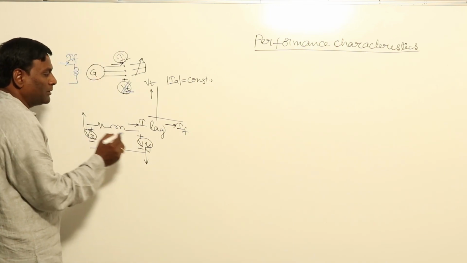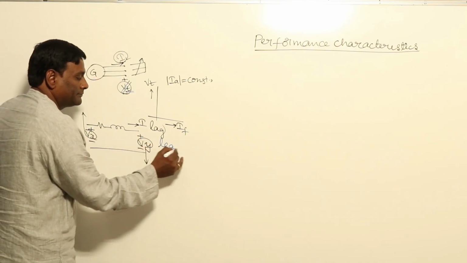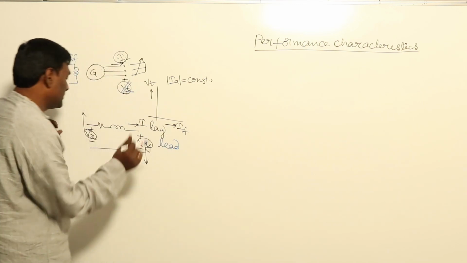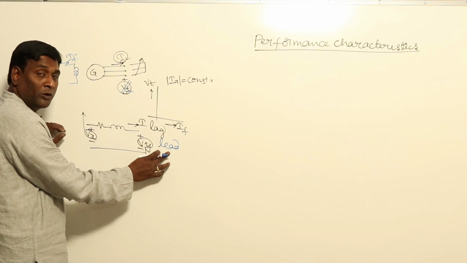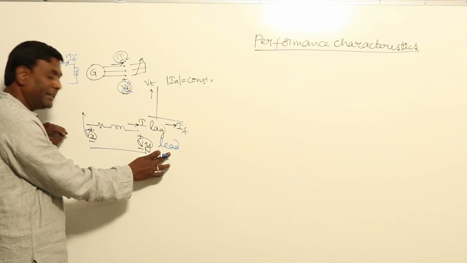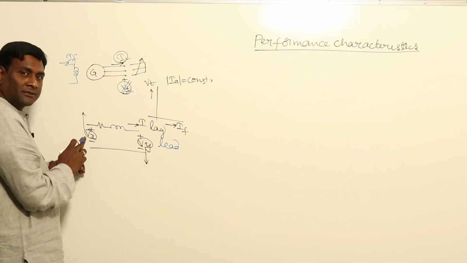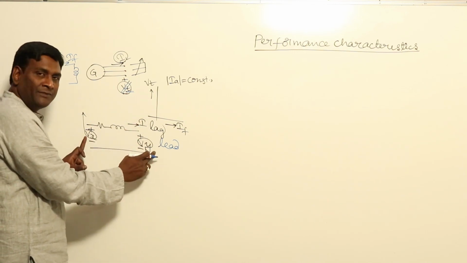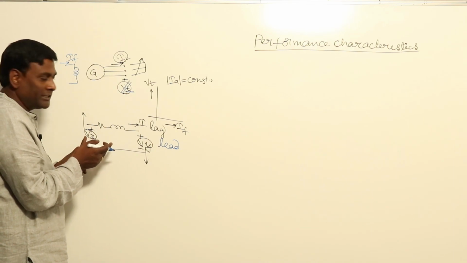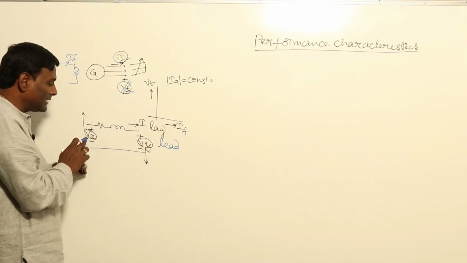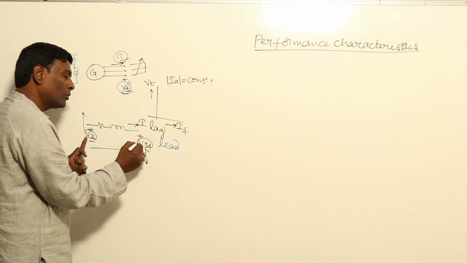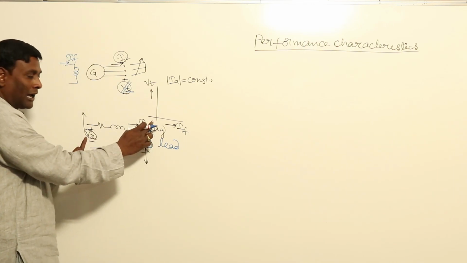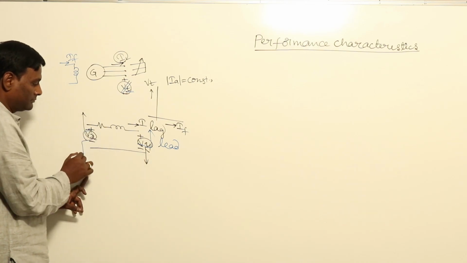Now if it is leading, voltage regulation is going to be negative, meaning compared to Vx, Vy should be more, because (Vx minus Vy) by rated voltage is the voltage regulation. In leading, it should be negative, so Vx should be less and Vy should be more. If I fix this, this should be more, or if I fix this, this should be less.